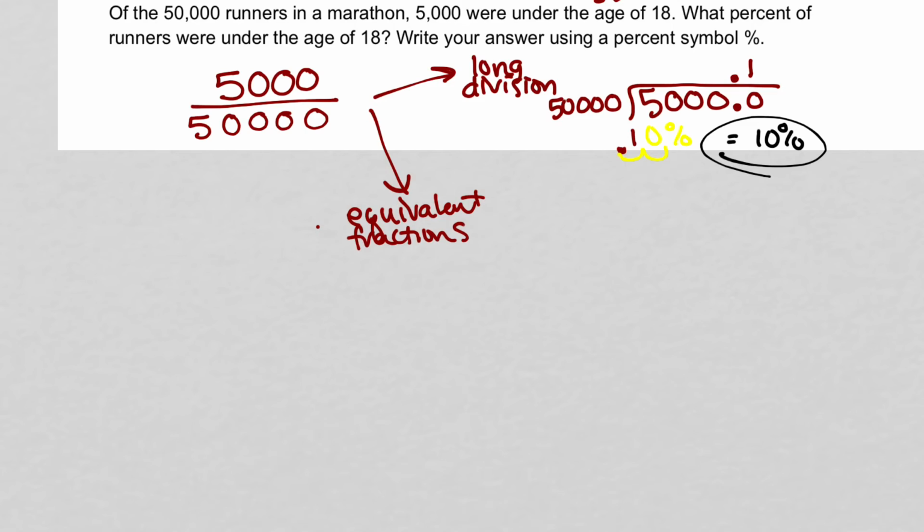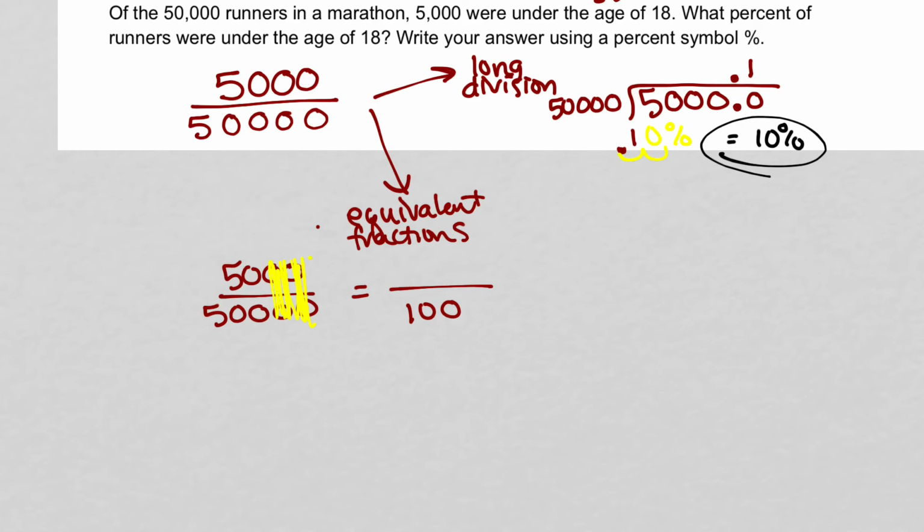Well, if we'd have found an equivalent fraction, I'd have my 5,000 over my 50,000. And my goal would be to get it over 100, because that's what tells me what a percent is. Well, I know that I could divide by 10, divide by another 10, or just right in the beginning, divide by 100, and that takes it down to 50 over 500.